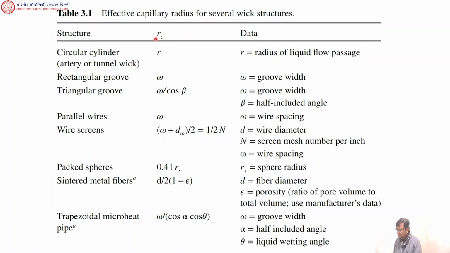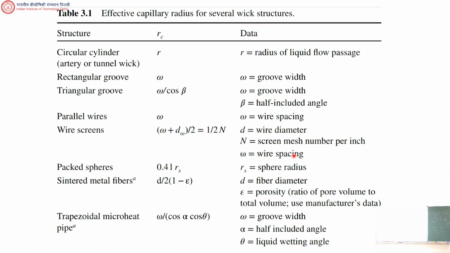Where will you use this? In a problem, you are given some kind of wick geometry. Maybe you are told that there is a wrapped wire screen sort of thing. Then you calculate RC, which you need here, using this. There is an omega, which is the wire spacing, the spacing between two wires.